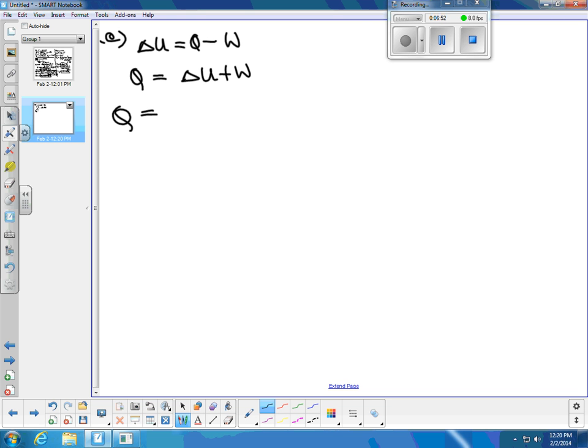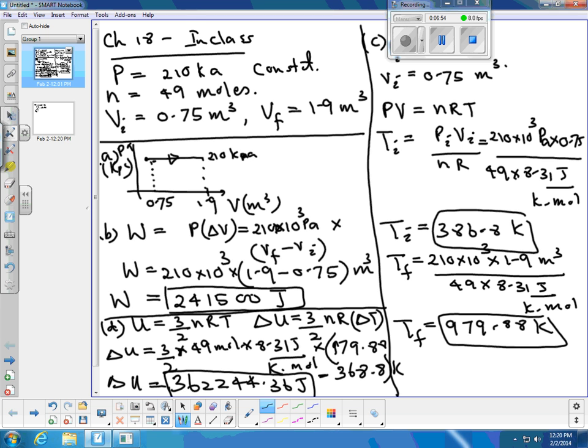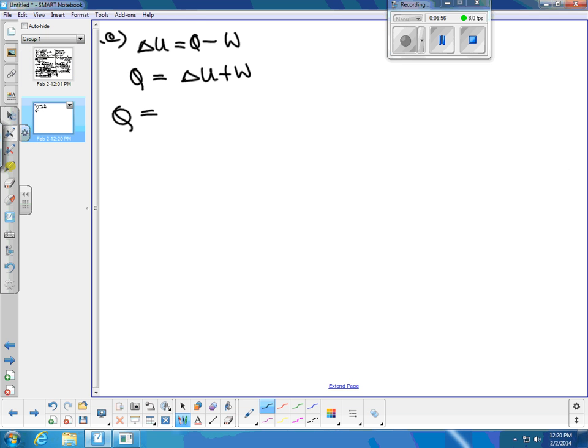So we found the internal energy change, which is 36,244.36 joules.